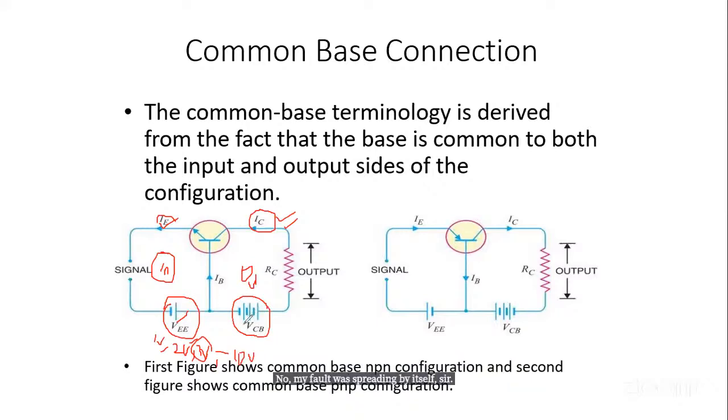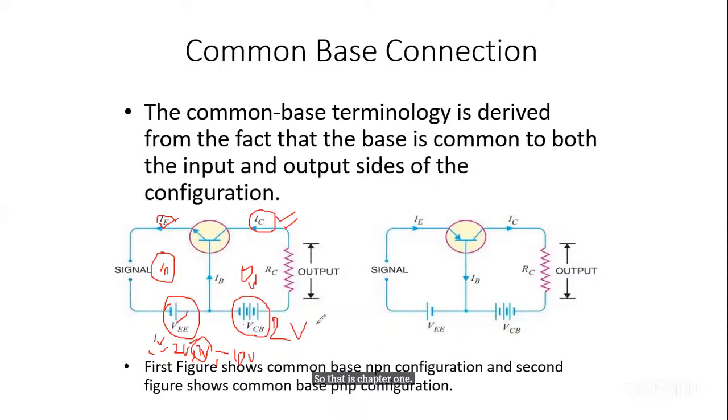So VCB is kept constant. Let's say the VCB is 2 volts. So I have VEE running from 1 to 10 volts. Definitely I'm going to have different values of IE and IC. So that is chapter 1.